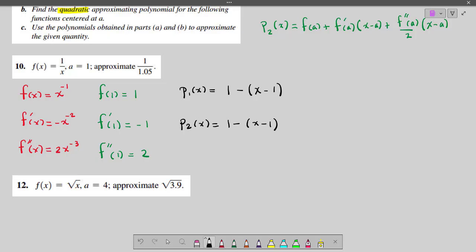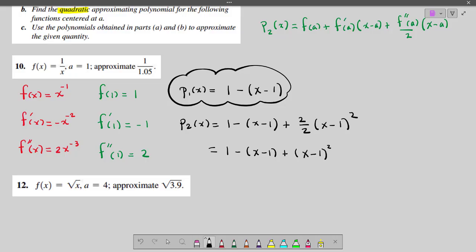The quadratic piece says take the second derivative of f at 1, which is 2, divide it by 2, and then have x minus 1 to the 2. This coefficient we can simplify and make 1. So there we go. This is our best linear approximation, aka Mr. Tangent Line. And there's our best quadratic approximation, Ms. Parabola.